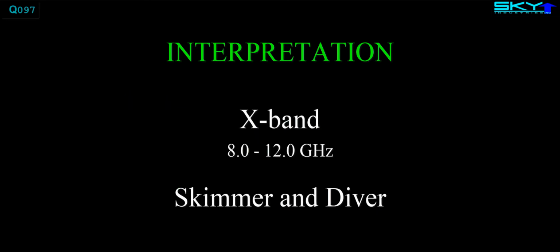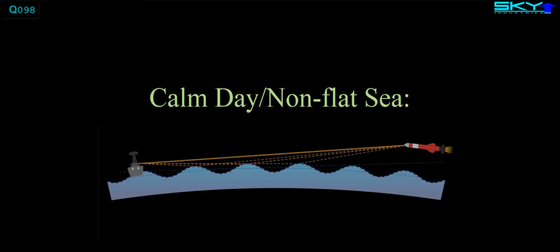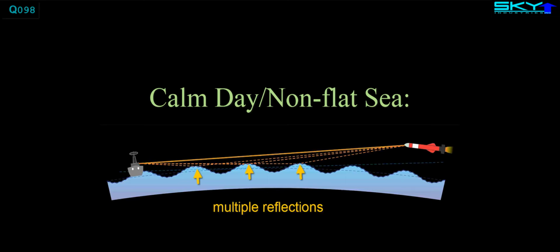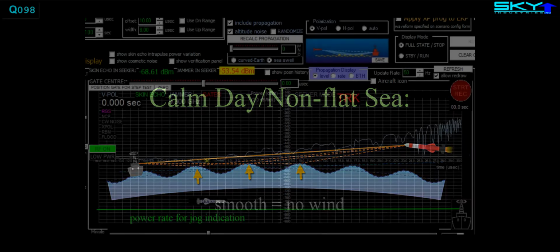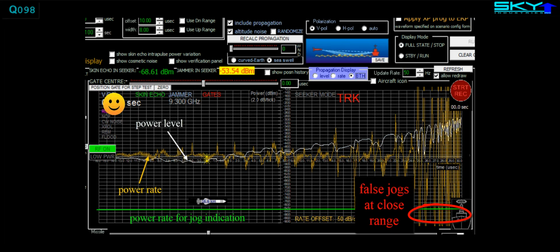For X-band, the operating regime of the simple jog detector probably does not include missile attacks in which the sea is mostly flat and smooth. A more sophisticated design is required for those conditions. On the other hand, if the sea is not flat, so it's undulating on a large scale, the sea swell scale, so there are multiple reflections, and if the sea surface is otherwise smooth, then the jog detector is likely to produce useful output over most of the engagement, possibly producing false indications when the missile is quite close.